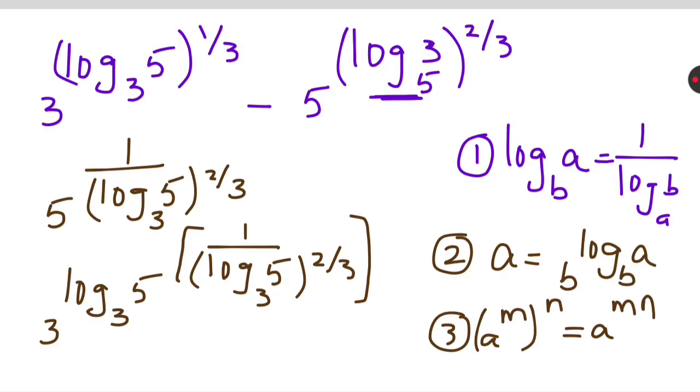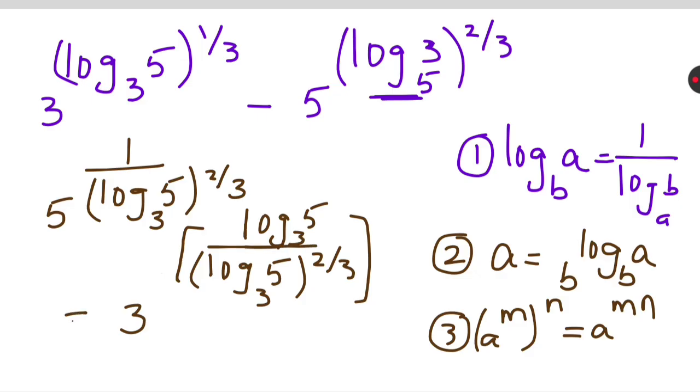So we can write this as log 5 with base 3 over log 5 with base 3 whole raised to the power of 2 over 3. Now in the numerator the power is 1 and in the denominator the power is 2 over 3. So this is in the form of a raised to the power of m over a raised to the power of n. We can write this as a raised to the power of m minus n.